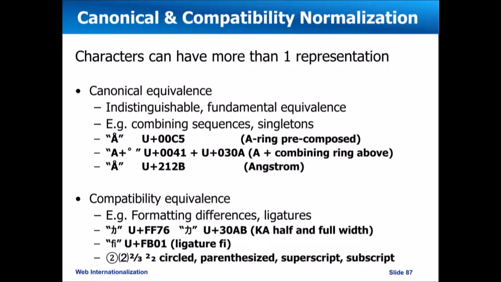So you have characters like A with ring above, which is encoded in Unicode in a composed form. It also can be represented by the letter A and a combining ring above, right? And sometimes other characters get brought into the standard because they're almost the same, but there's a legacy standard that had it with a different meaning.